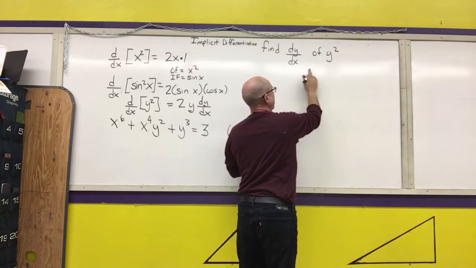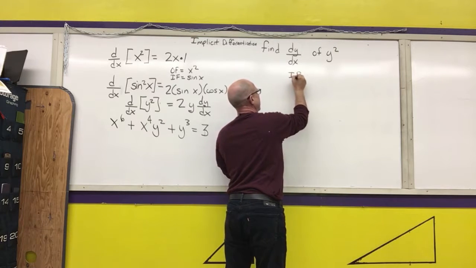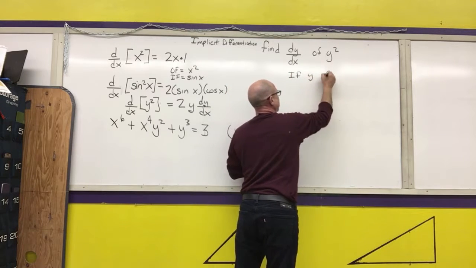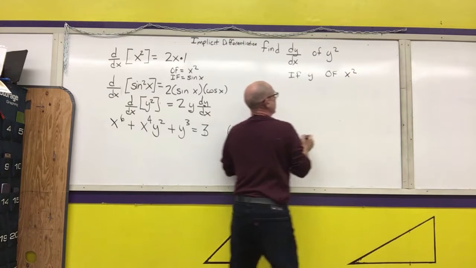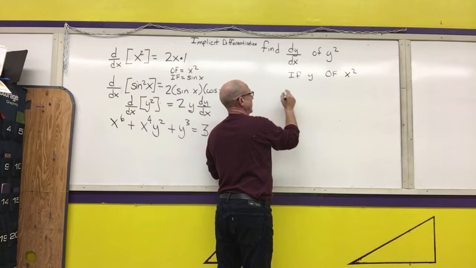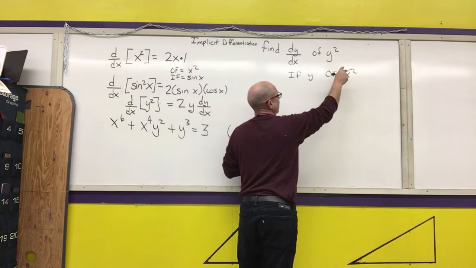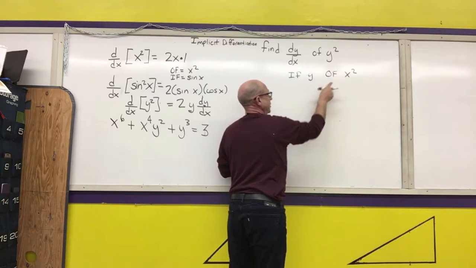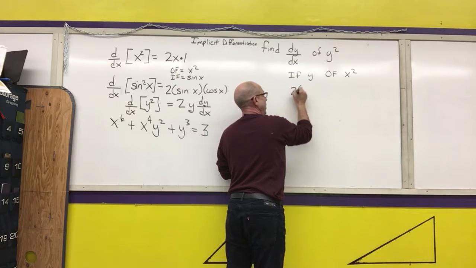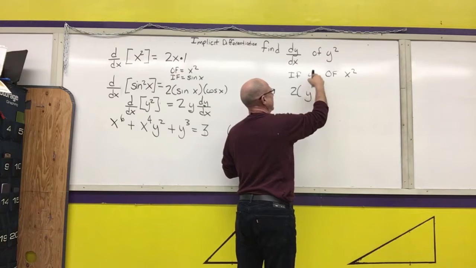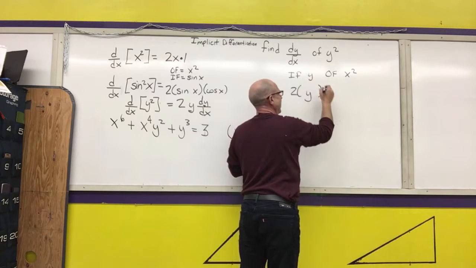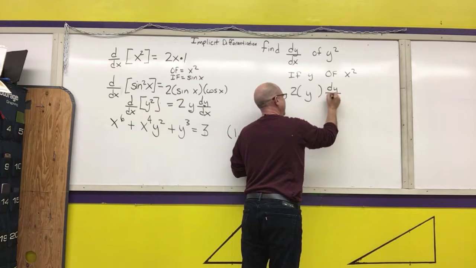Well, this is chain rule, where I have an inside function of y, I have an outside function of x squared. Well, the chain rule says to take the derivative of the outside function, except don't write x. Where x goes, you put the inside function, times the derivative of the inside function. The derivative of y with respect to x is dy/dx.